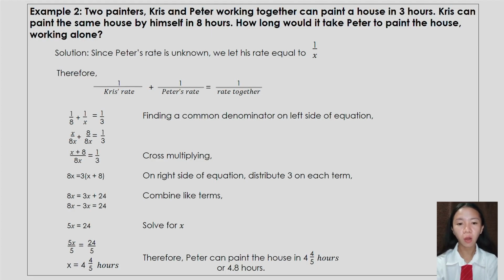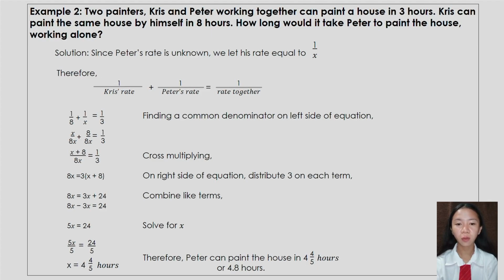Now we find a common denominator on the left side of the equation. It will be x over 8x plus 8 over 8x equal to 1 over 3. Then we apply cross multiplying, which is x plus 8 over 8x equal to 1 over 3.